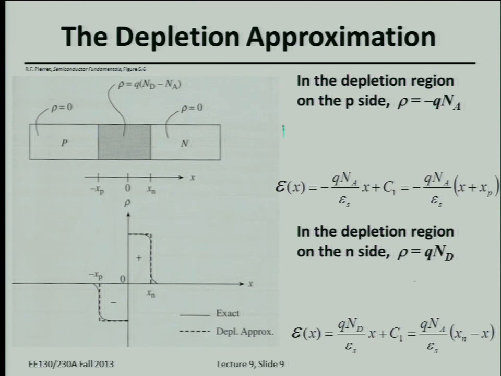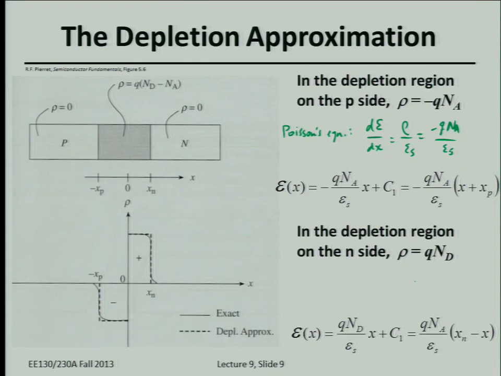Okay? So from Poisson's equation, we have the derivative of the electric field is equal to rho over epsilon s, which is equal to minus q NA over epsilon s. So if we integrate that constant function, it's just going to be a linear function plus a constant as a general solution.